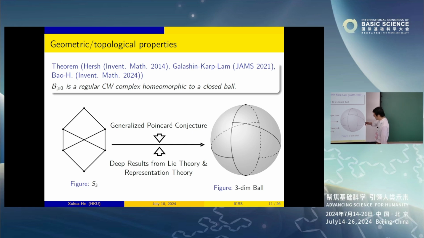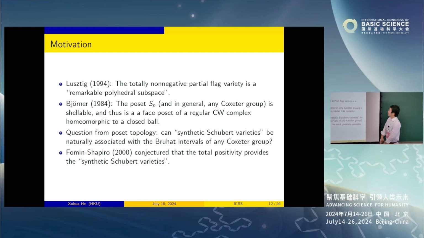What we use relies on the generalized Poincare conjecture, which we treat as a big black box, but we also need some really deep results from Lie theory and representation theory, to make sure that in the end we are able to say these cells go together in the way the Poincare conjecture predicts. So what is the motivation to study this question?